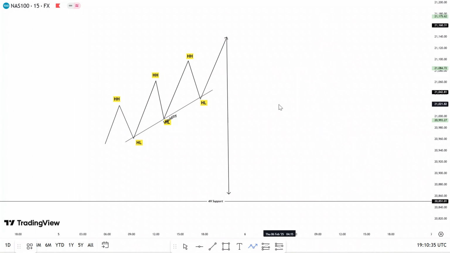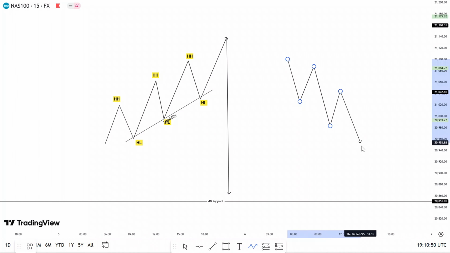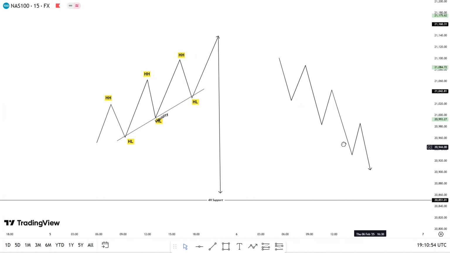For the downtrend, it's just the opposite. The downtrend is where the market is constantly creating lower highs and lower lows, right?